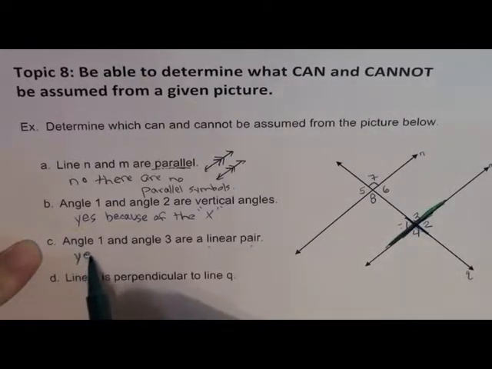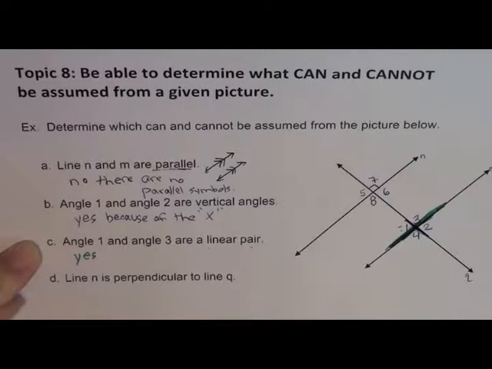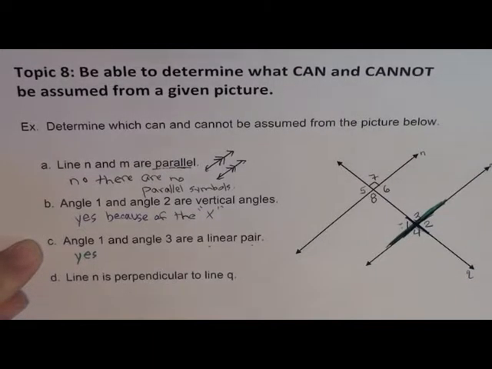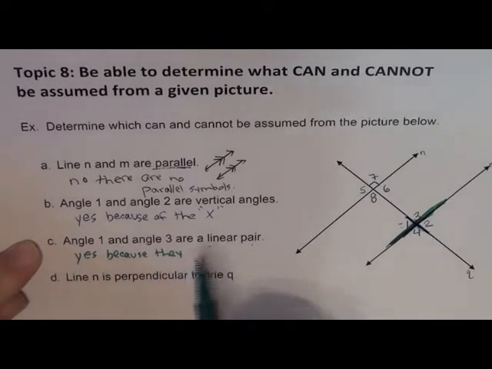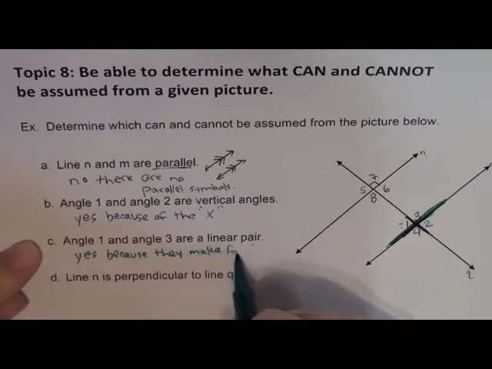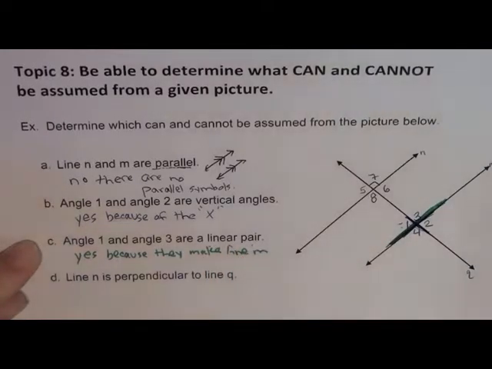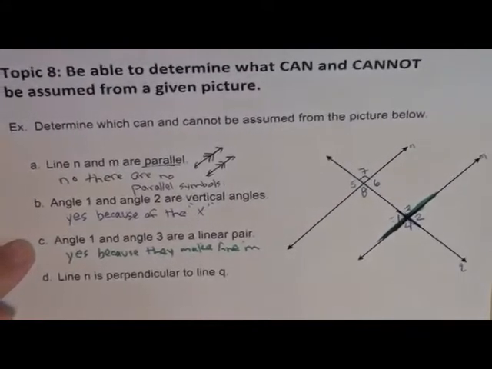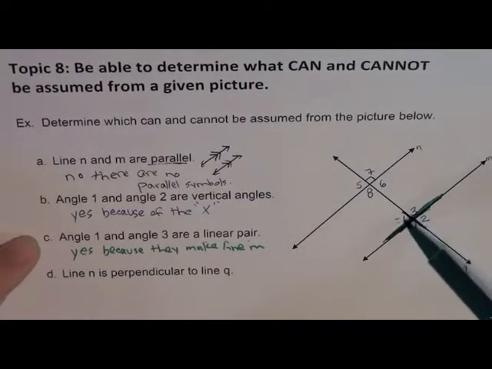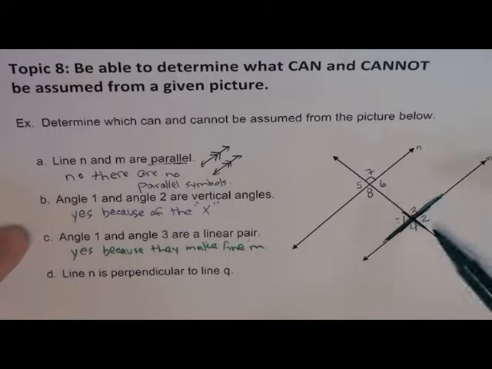So here, yes, you can make this conclusion because they make a line. Or let's say they make line M. Now it is important that there are only 2 angles there, but in this picture there are only 2. It's angle 1 and 3.